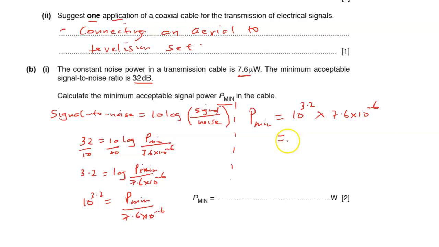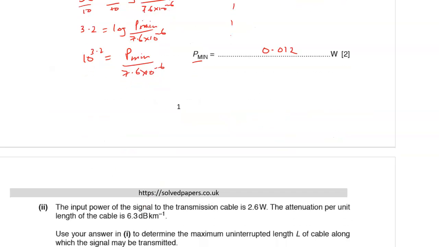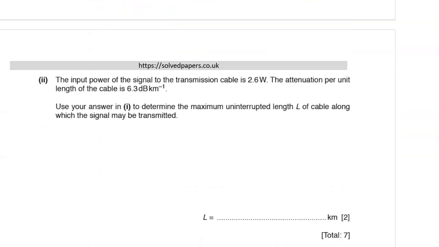When you calculate nicely with your calculator, you get 0.012 watts. So that is the minimum acceptable power in the cable. If the power of the signal seems to drop below this, then before it drops, there needs to be a booster to strengthen the signal. Otherwise, you'll not transmit what you want to transmit to the other side.